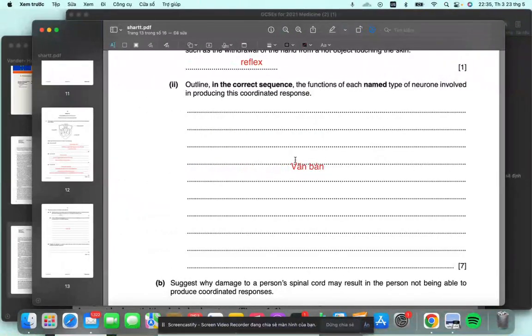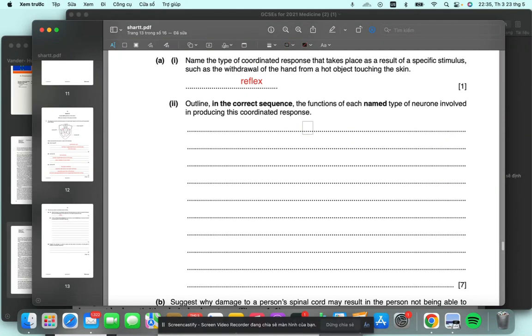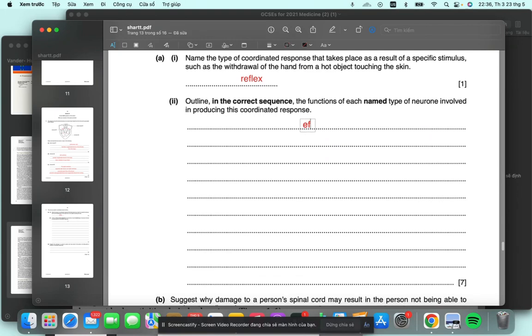Yeah. So it goes through what? It goes from effector, sensory, relay, motor, and to receptors.